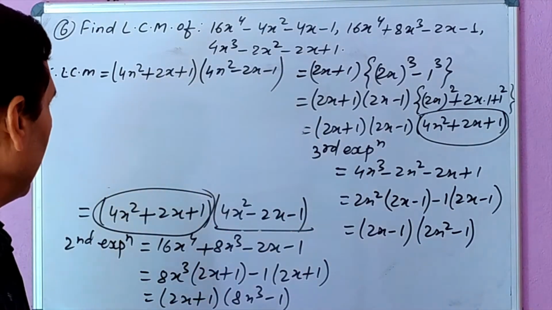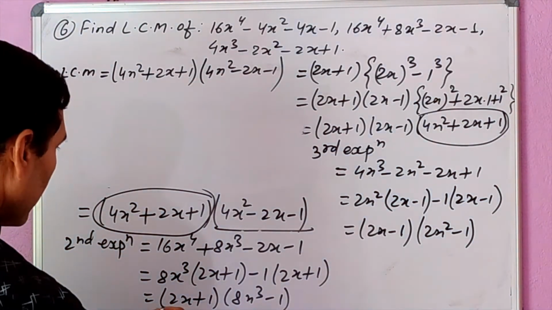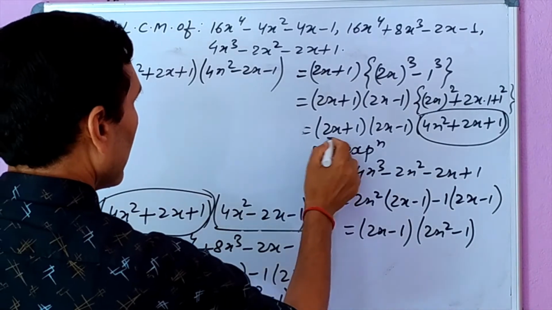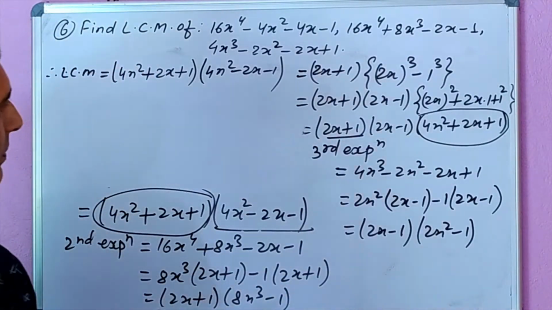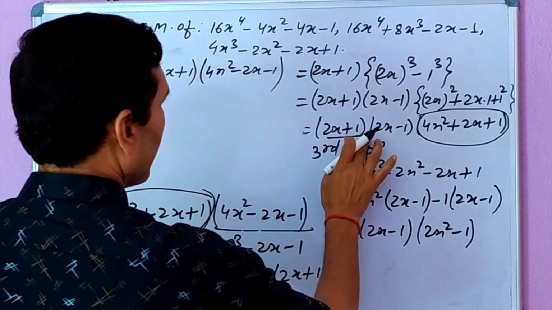I have written this immediately. Now this 2x plus 1 here. Is there any 2x plus 1? No. Yes, we have 2x minus 1.